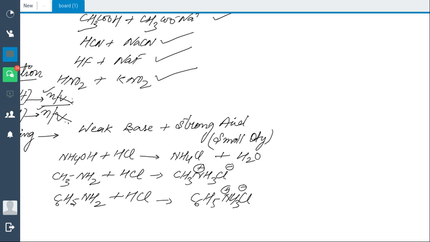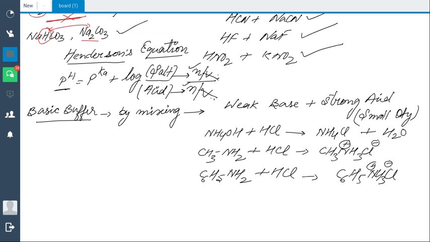Okay, or in a way you can also write, by mixing weak base plus salt of its conjugate acid. Okay, fine.